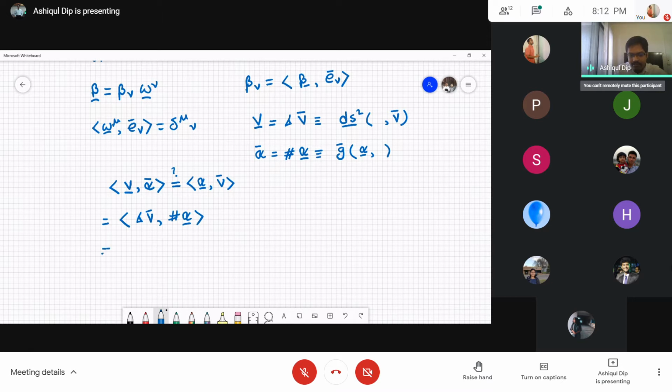And what's this thing? It's basically the metric tensor fed with a vector v, and this thing is the inverse metric tensor fed with alpha, like that.